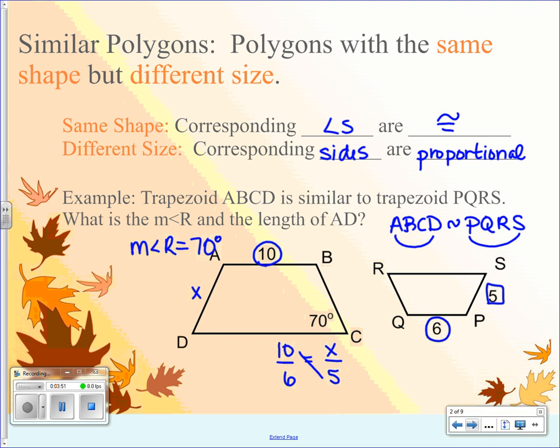We find that 5 times 10 is 50, and that's equal to 6 times x. Divide by 6 on both sides. 6 goes into 50 8 times with a remainder of 2 over 6, or 8 1/3. So now we can say that AD is equal to 8 1/3.